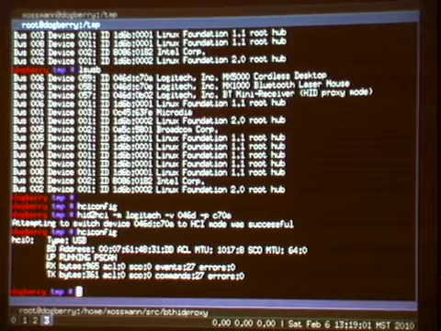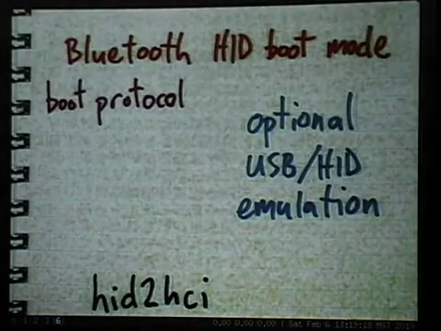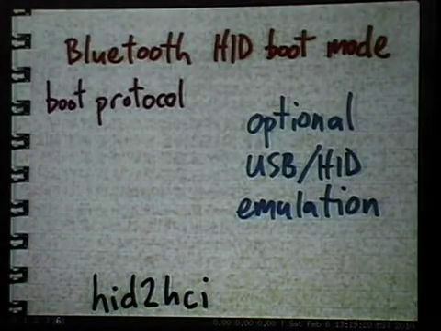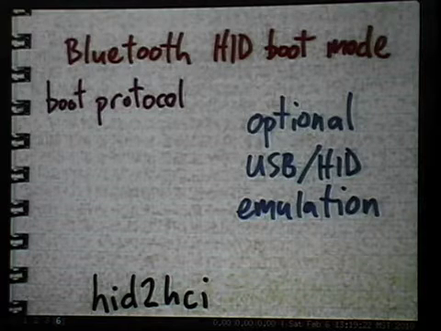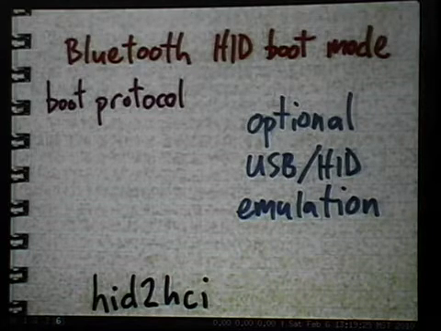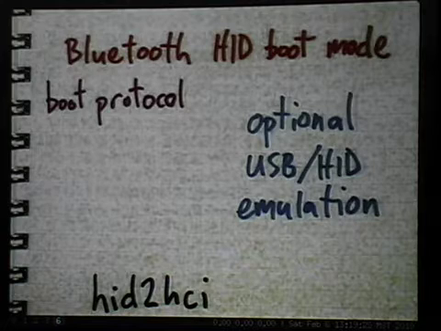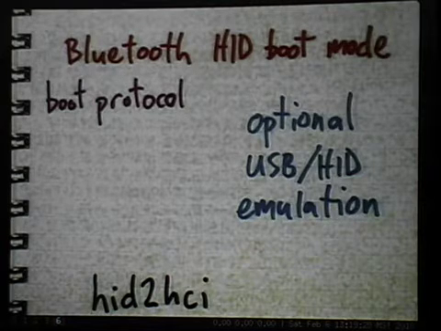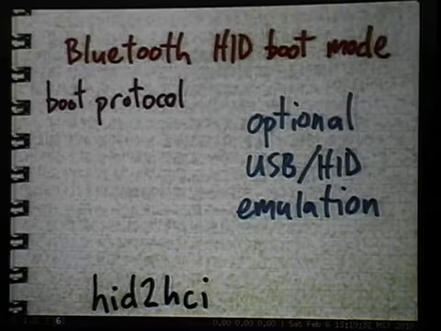So unless the user or the host operating system makes the effort to put the thing into HCI mode, it's always going to default to boot mode where it's doing USB emulation. And this happens a lot. You put the dongle into the computer, and let's say, for example, you put it into a computer that doesn't have a Bluetooth stack, or it has a Bluetooth stack, but it doesn't actually support the HID profile.